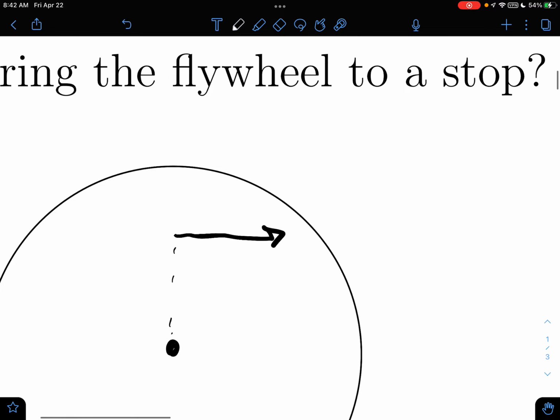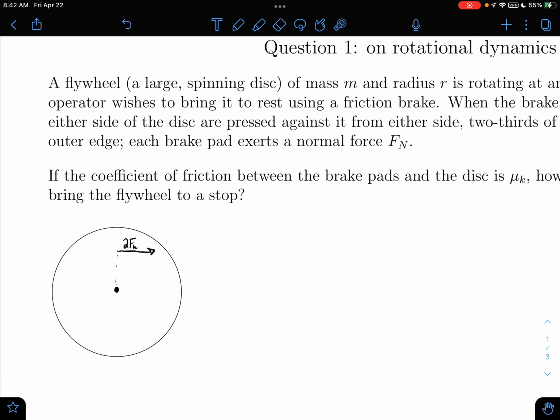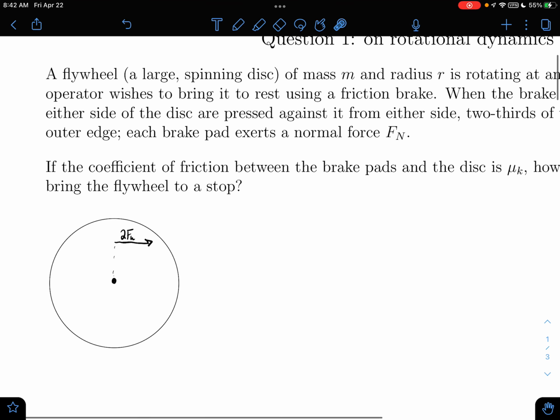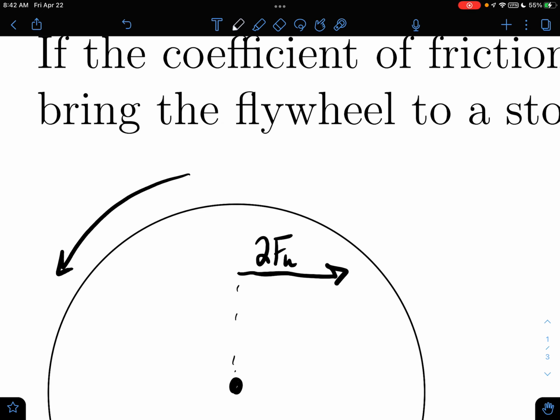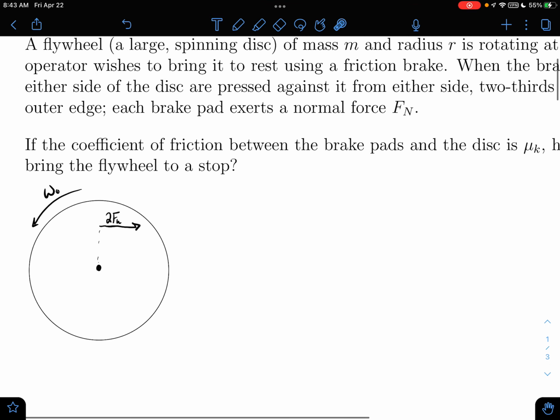There's our 2Fk. Right? 2 brake pads, one on either side, each exerting a force from friction. There it is. And we can say our initial omega is this way, because then this would be slowing us down.